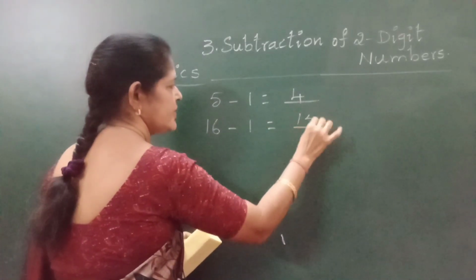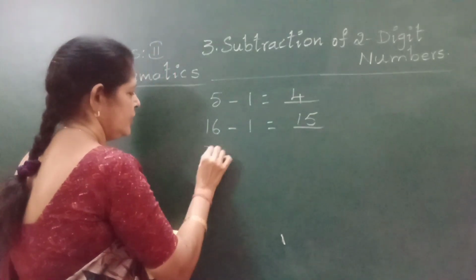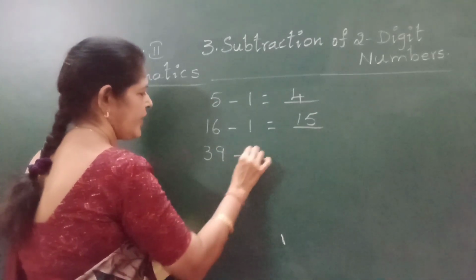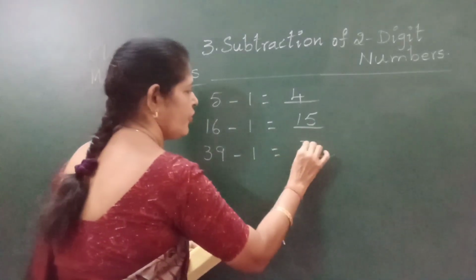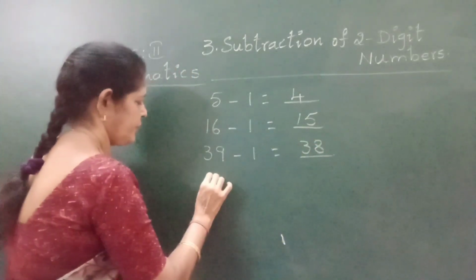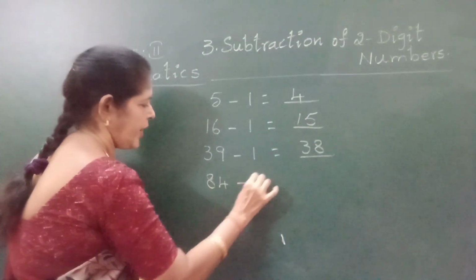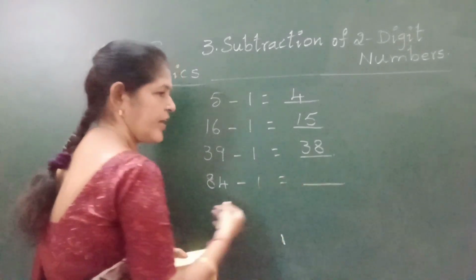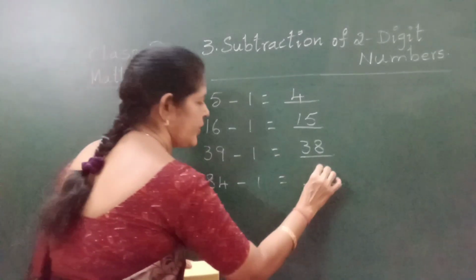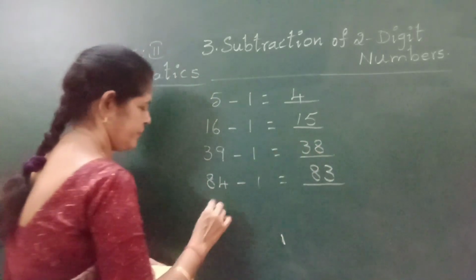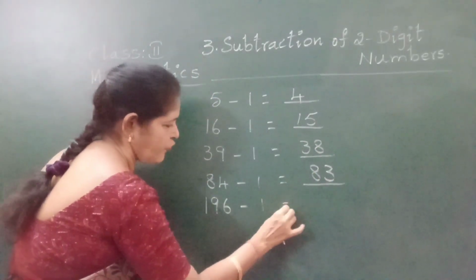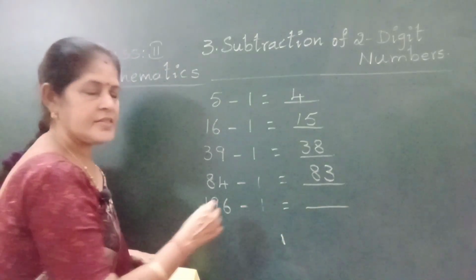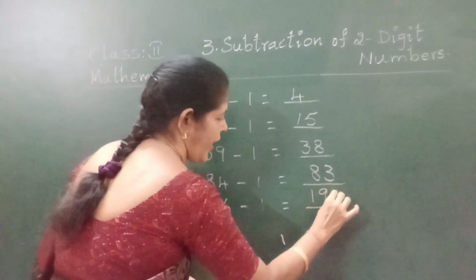The difference is 15. 39 minus 1. The difference is 39 before 38. 84 minus 1. The difference is 84 before 83. 196 minus 1. The difference is 195.